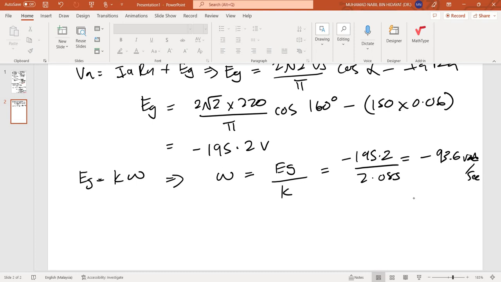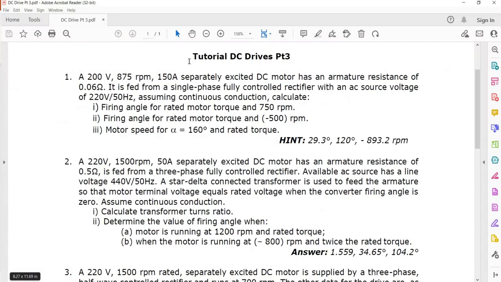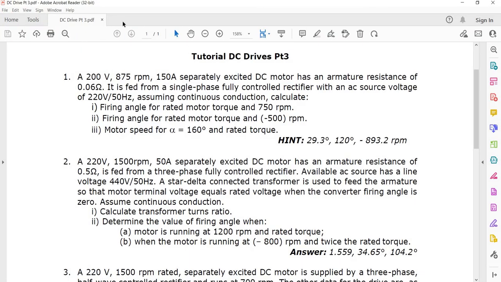So we put it in RPM. So we need to times 60 over 2 pi. And in RPM is around 894.5 RPM. So let's check. 8.94 here.